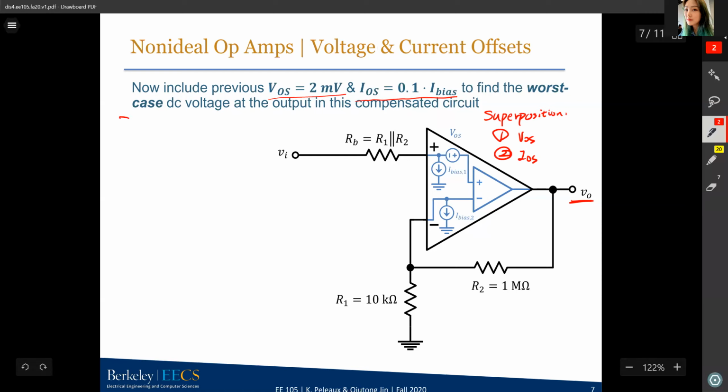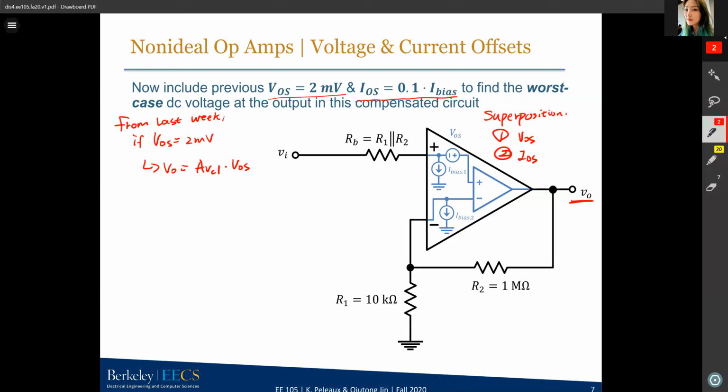So from last week, for the offset voltage, if we have a VOS of 2 millivolts, our Vout will just be the closed loop gain AV times the VOS. So this is the superposition of the first case. There will be no offset current or bias current.